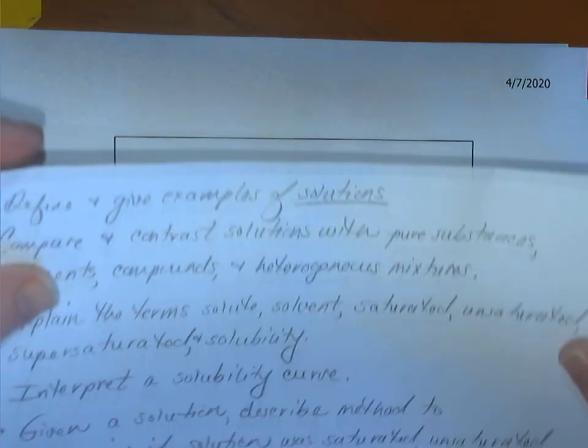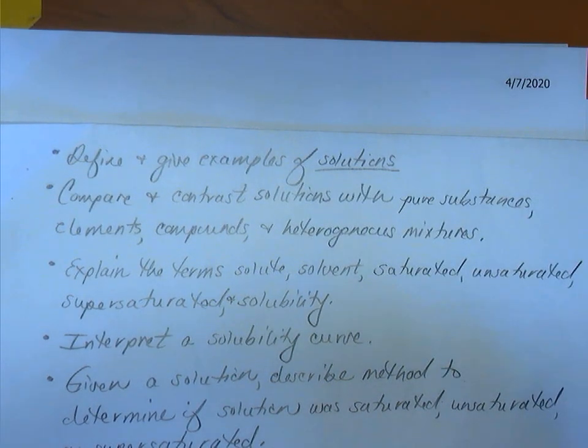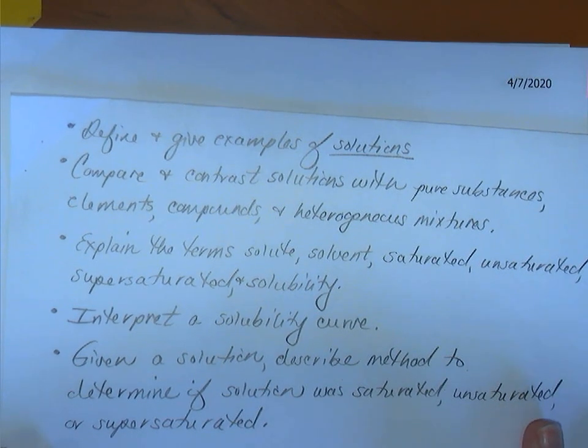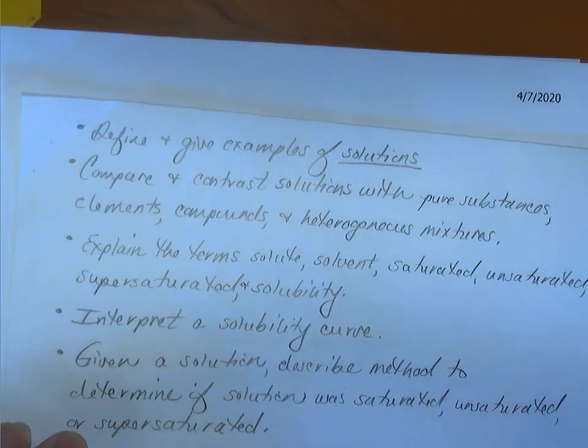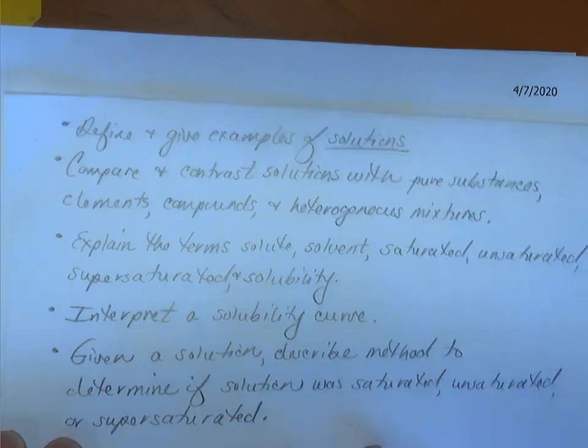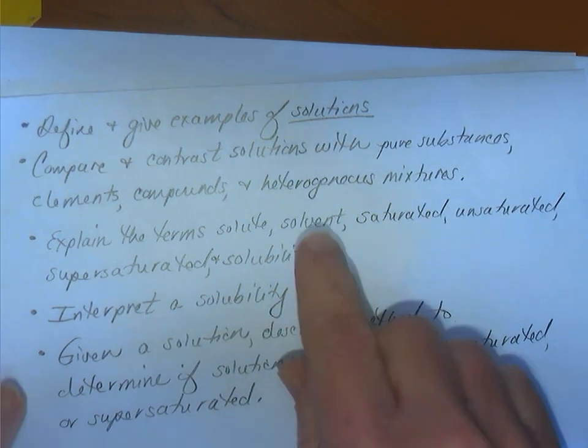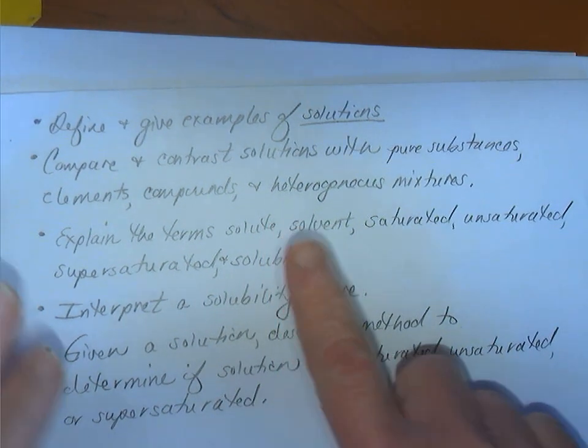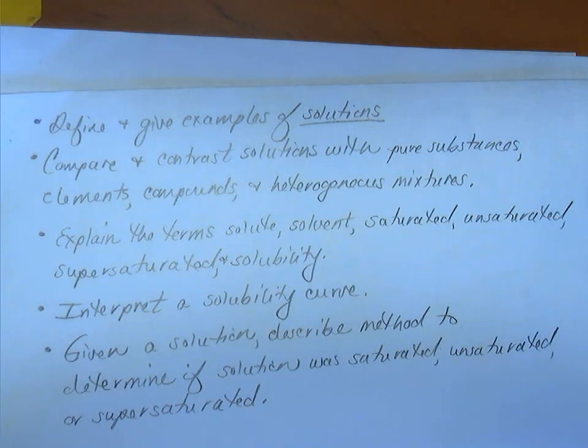As a result of this video, you will be able to define and give specific examples of at least 5 different solutions. Compare and contrast homogeneous mixtures with the different types of matter.